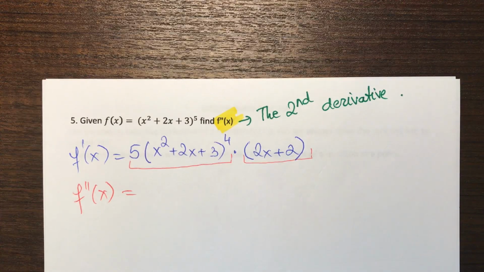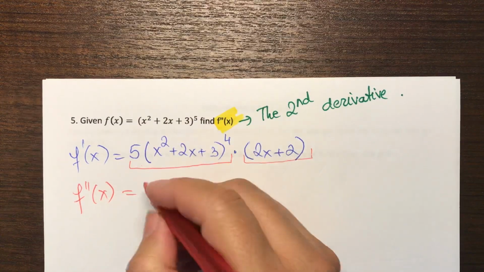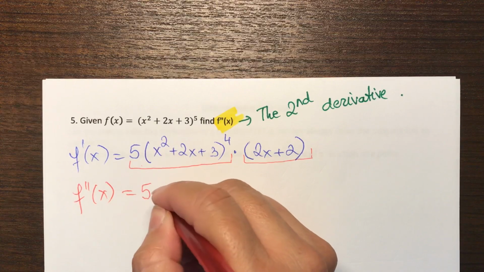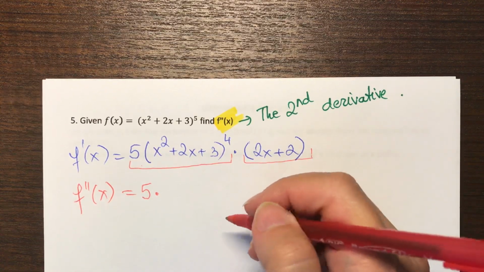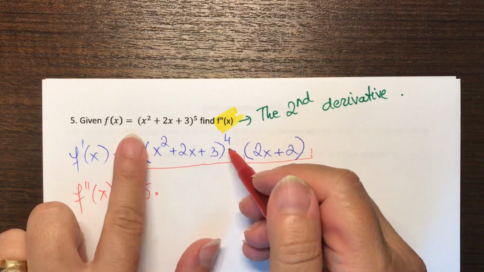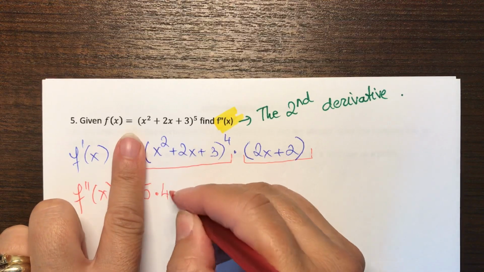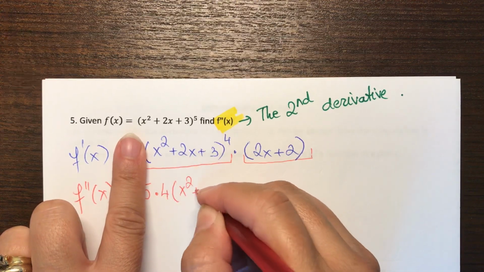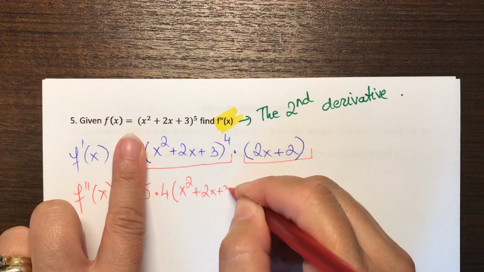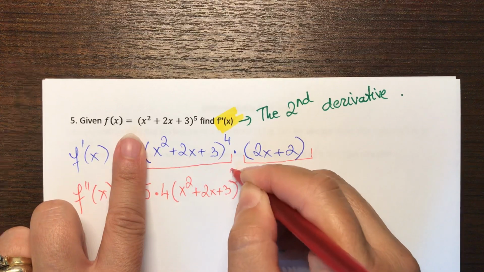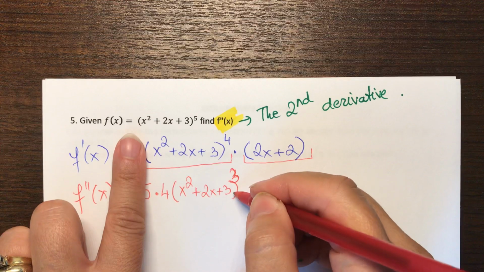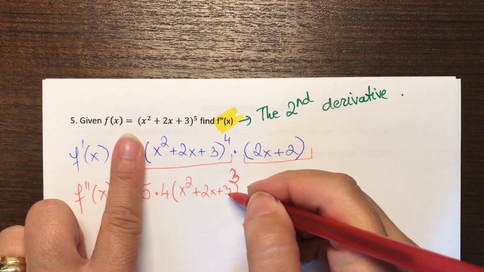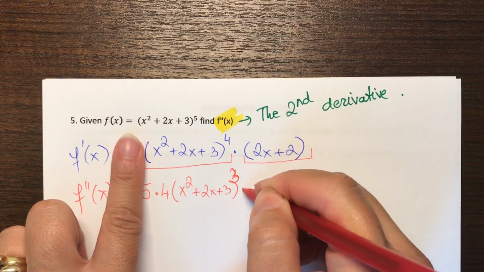So the product rule says, take the derivative of the first factor. So I'll keep the 5, right? Constant, product rule times. Same thing, it's a chain rule again. So bring down the 4. Leave the inside alone, yes. To the power of 3, but you're not done. Why?